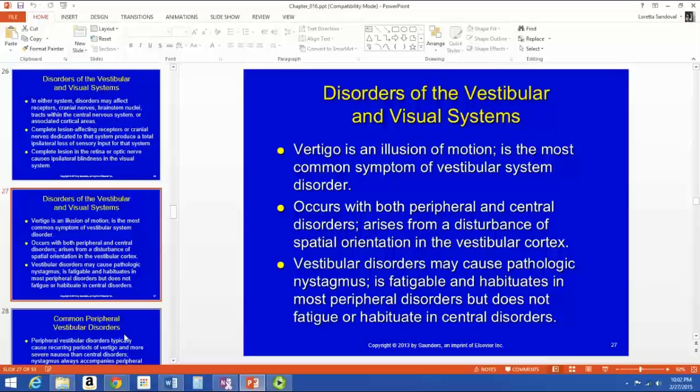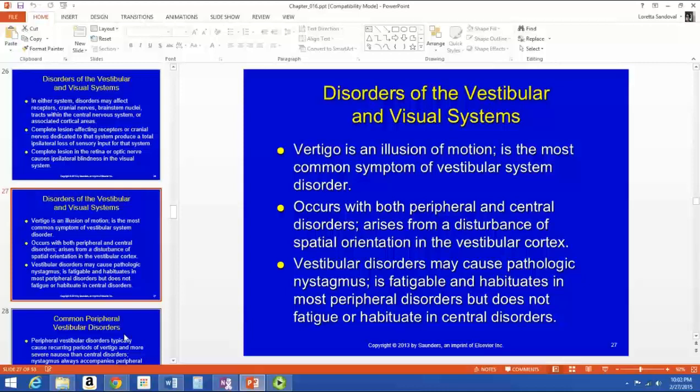So vertigo occurs with both peripheral and central disorders. It arises from a disturbance of spatial orientation in the vestibular cortex. So if someone has vertigo, you need more information to determine whether it's a peripheral or central disorder. Vestibular disorders can cause pathologic nystagmus, and nystagmus is where the head moves and the eyeballs sort of bob back and forth.